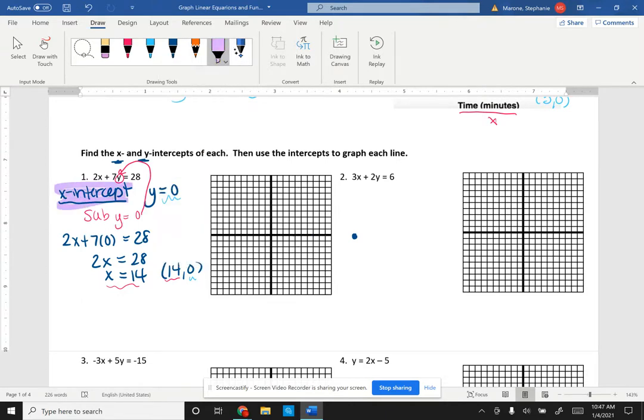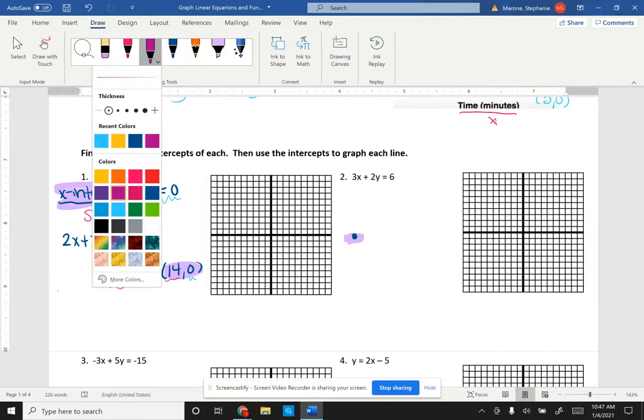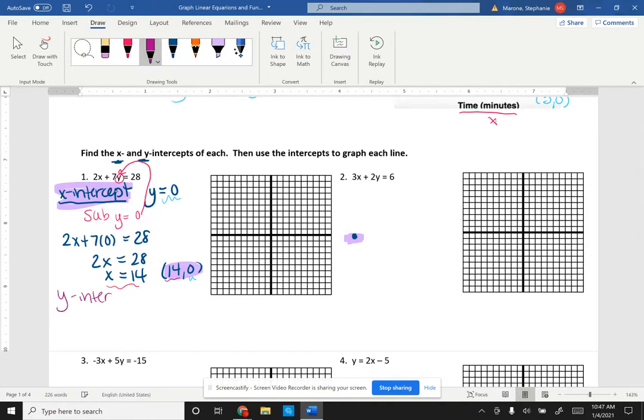My y-intercept is when x is equal to 0. So I substitute x equals 0 into that equation. So I get 2 times 0 plus 7y is equal to 28.